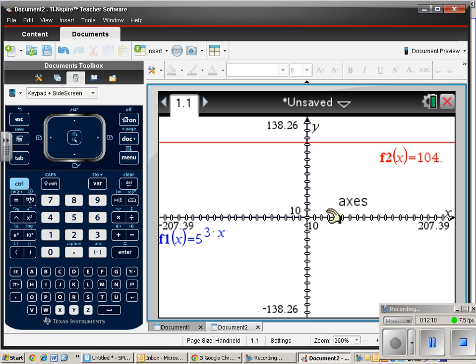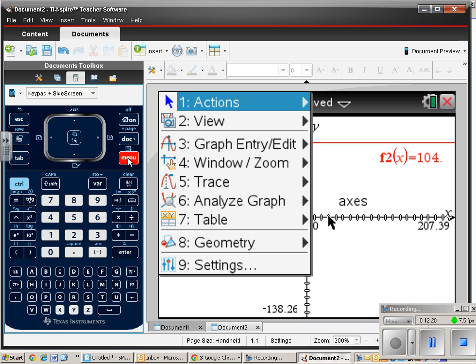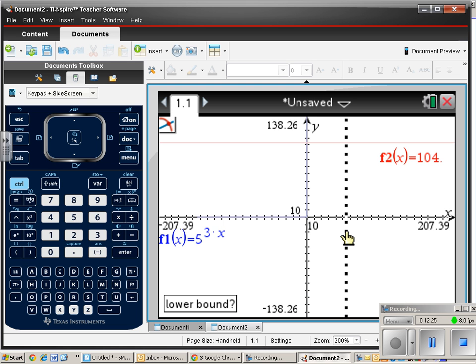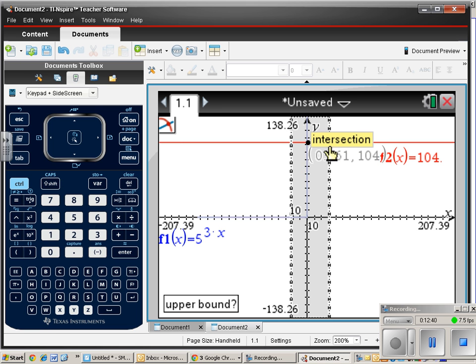So you can't really see my blue graph anymore because it's blended into the x and y axis that were so close. But we're going to go to menu, go to analyze, and find the intersection. This would be easier if I use my mouse. Left side, right side.